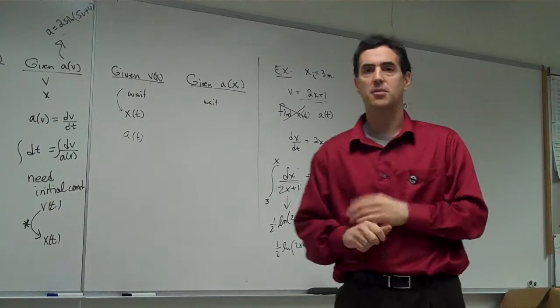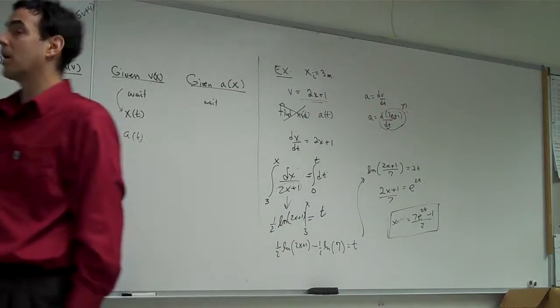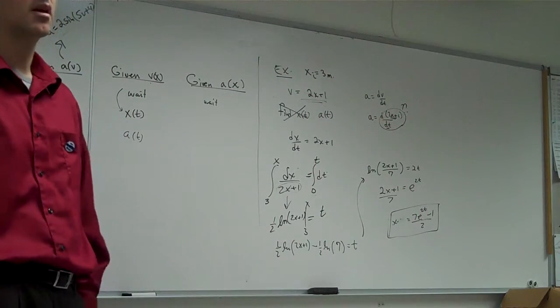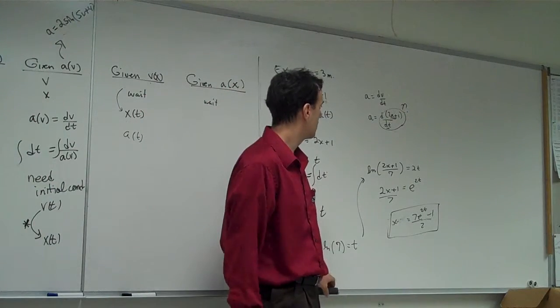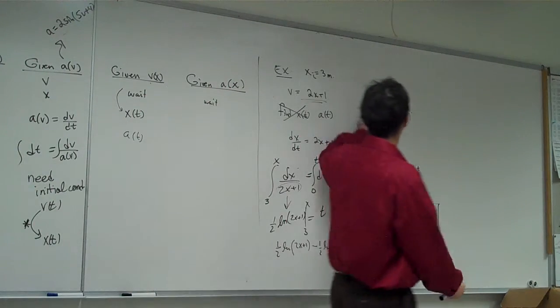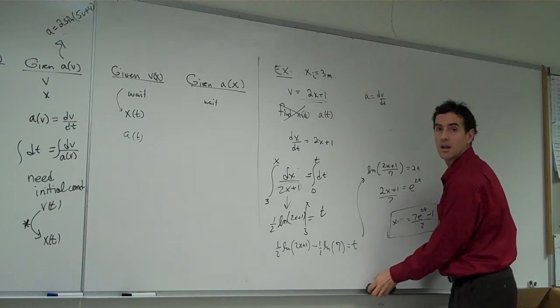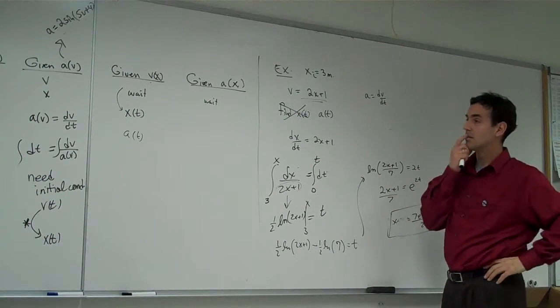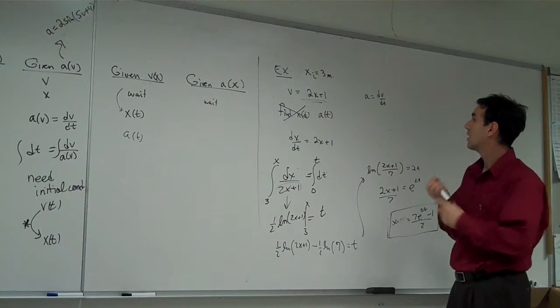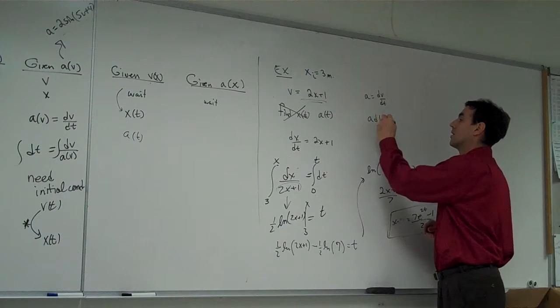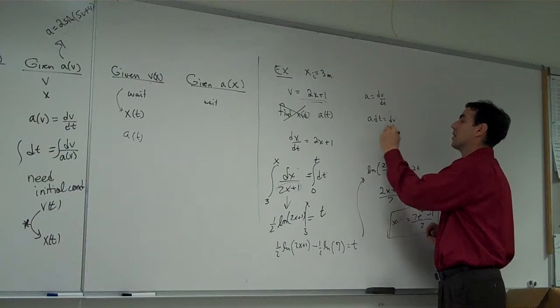Good thought, though. So James went back. At least he used this equation, tried to do something with it. I said if you use a equals dv dt, multiply by dt, so a dt equals dv. And if you take the integral of that, then it's the integral of a dt equals v.